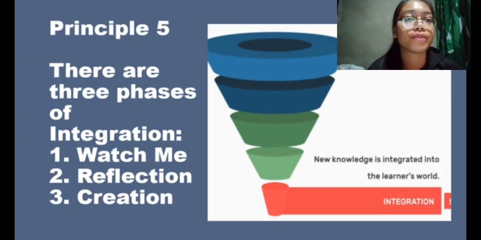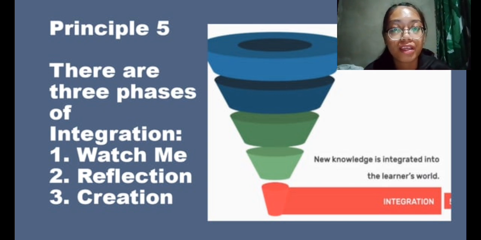So let's move to the last principle of Merrill's instructional design principles, which is the integration. Integration means that learning is promoted when new knowledge is integrated into the learner's world. And also, the principle 5 has three phases. First is the watch me, second is the reflection, and the third one is the creation.